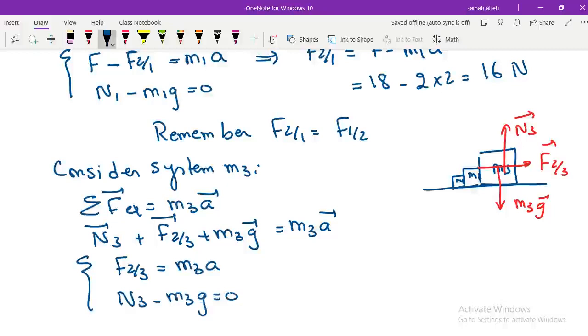Now the X axis gives F2 on 3 equals M3, which was given as 4, times 2, which is 8 Newton. So this is the answer.